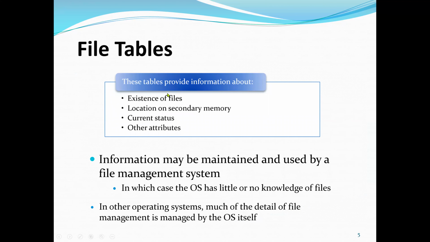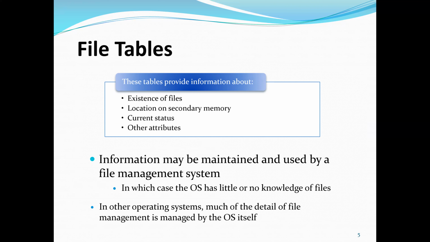The next is the file tables. The operating system also maintains file tables. These tables provide information about the existence of files, their locations on secondary memory, their current status, and other attributes.